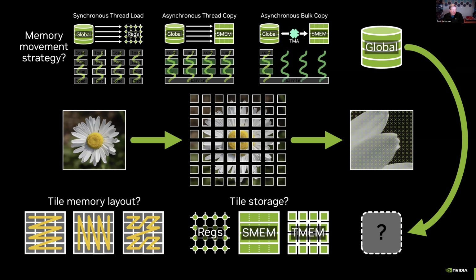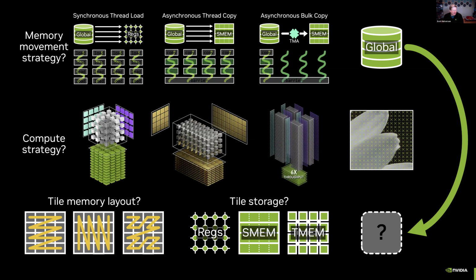So for SIMT, all of this is something that the user is responsible for. And this includes actually going back to global memory, for example. And then there's the question of how we actually map these operations to computations that the hardware supports, right?